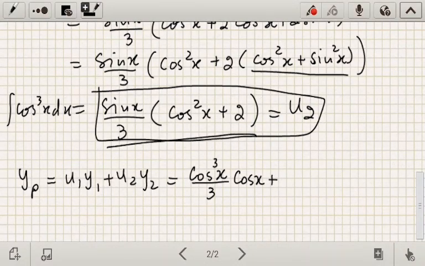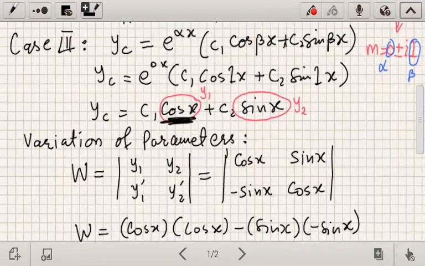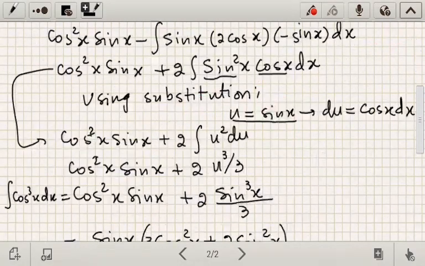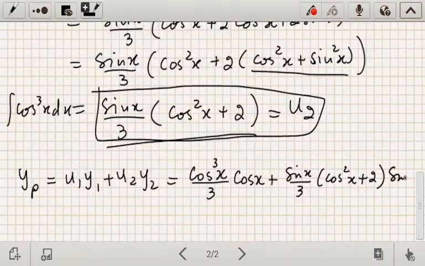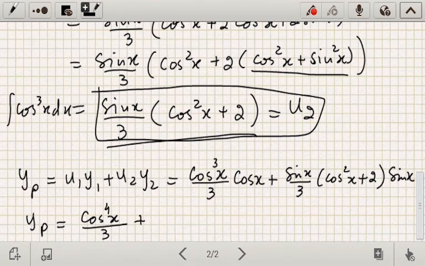So sine x divided by 3 into cos square x plus 2 into y2. y2 was sine of x. So the final answer for the particular solution is cos x to the power 4 divided by 3 plus sine x to the power 2 divided by 3 into cos square x plus 2.